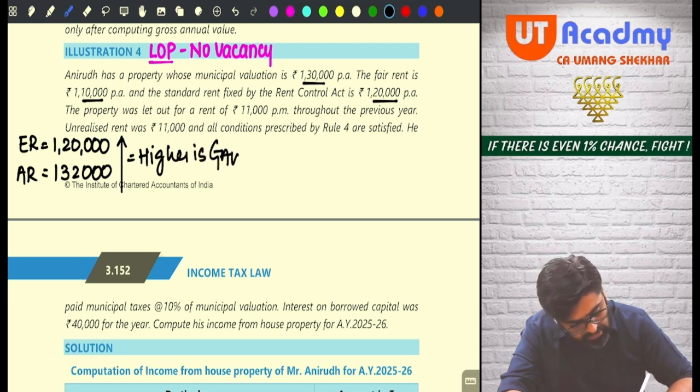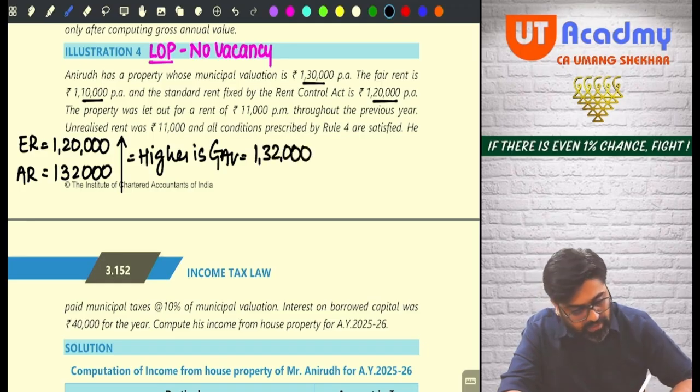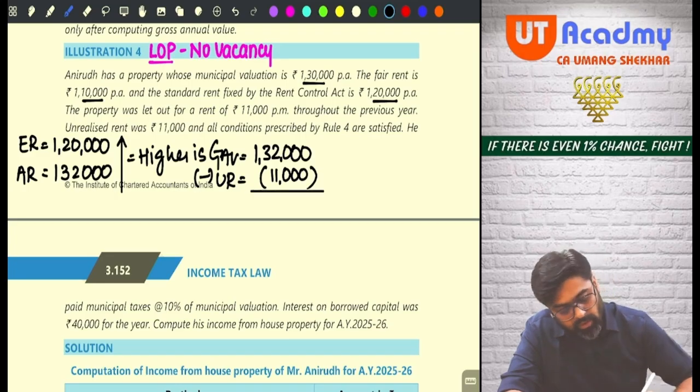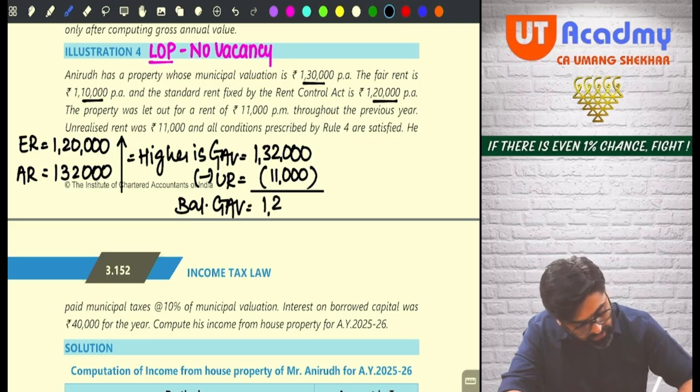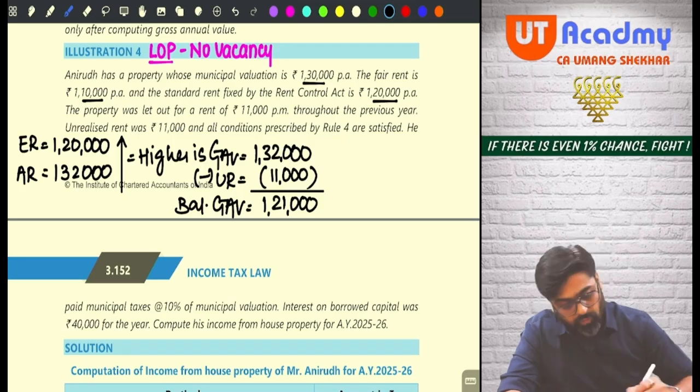Come on, tell me, what is GAV now? 1,32,000. Now, out of this 1,32,000 GAV, we will reduce our unrealized rent amounting to rupees 11,000. Yes or no? So, our balance GAV, which will be finally taxable in our hands, will be 1,21,000.